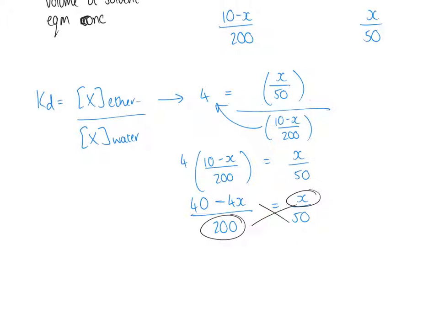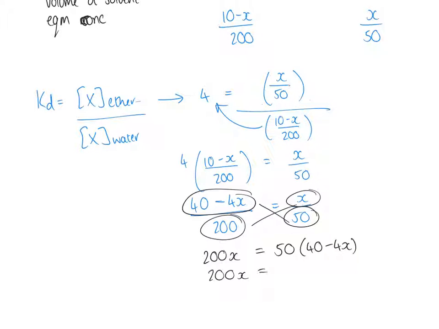So I get 200 times x is equal to 40 minus 4x over 50, or times by 50, which is 50 times 40 minus 4x. Multiplying out that bracket, 50 times 40 is 2000, and 50 times minus 4x is minus 200x.